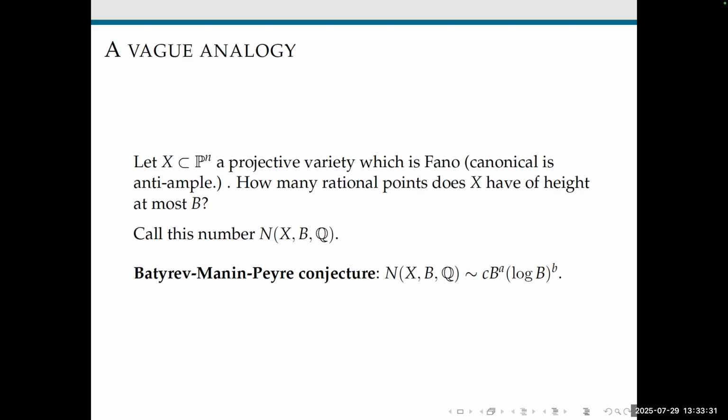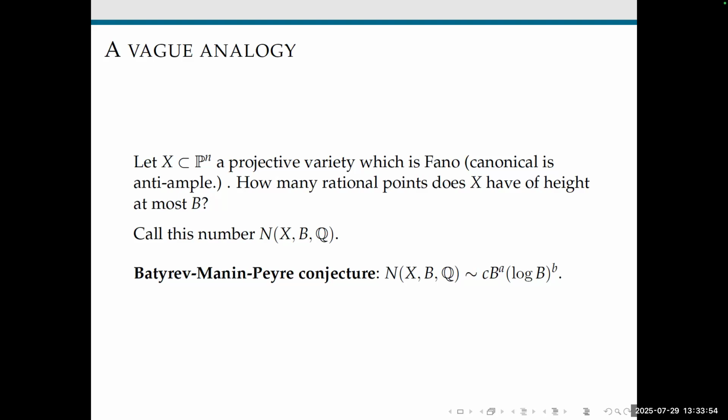It turns out that a good criterion for this, we want to say, for those who like curves, which is most of us, it's more like a rational curve than it is like a higher genus curve. And a good way to say that is to require that the variety be Fano, that is, that its canonical bundle is anti-ample. And we can ask again, how many points does X have of height at most b?